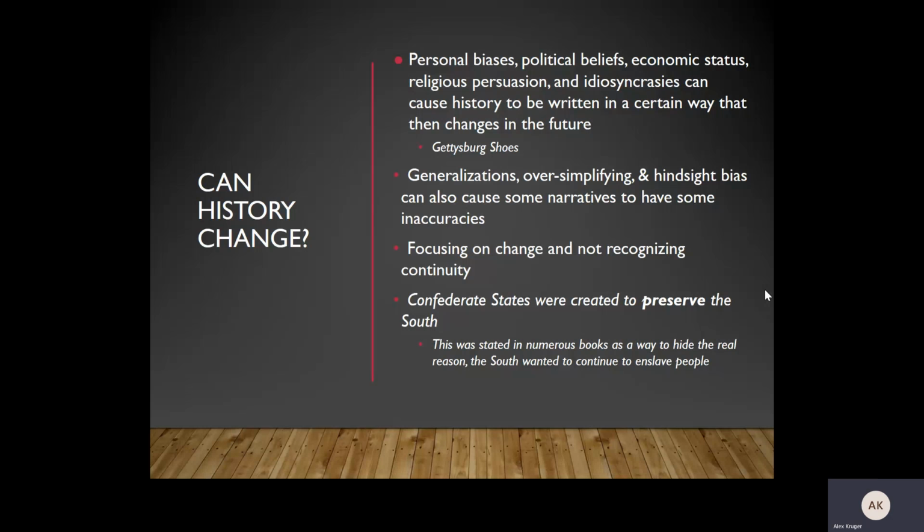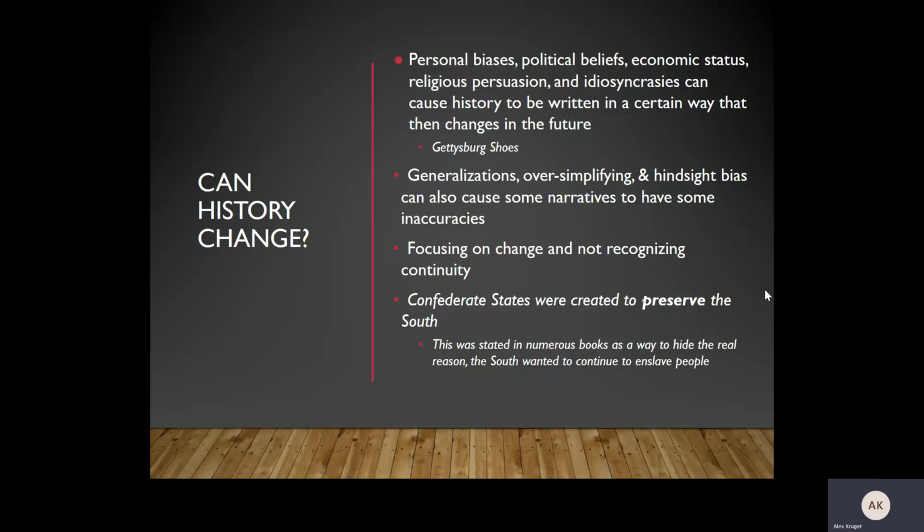A good example of this is, in the past we used to generalize people into races, and we would say, oh, well, people from northern India are better soldiers than people from southern India because they have a harder life up in the northern part, and so then they must be better soldiers, which is oversimplifying it, because maybe they're better soldiers because they have better tactics, or maybe they're not even better soldiers at all. So just because it's written in history doesn't mean it's true.